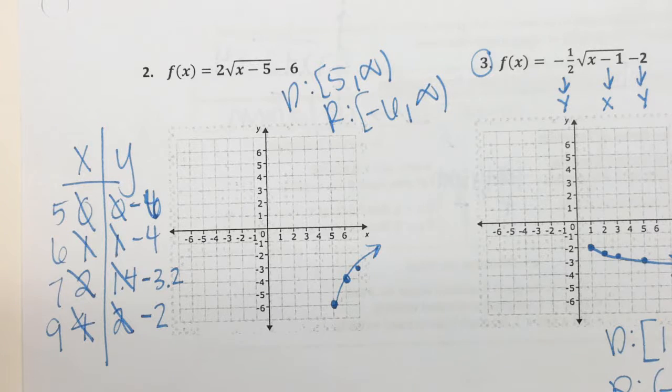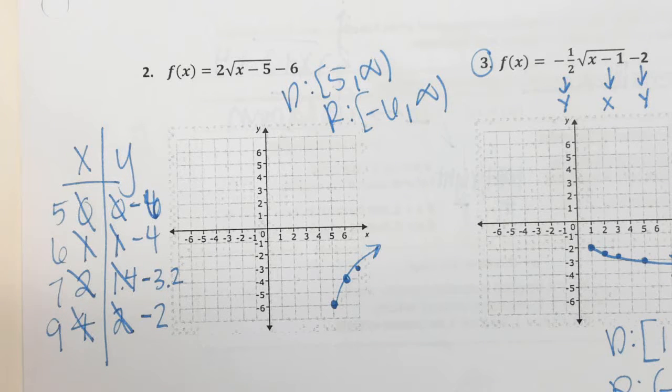Alright, what I want you to do is look at your domain and range for each one, and then look at the original function. Take time to look at all of them, and then I want to talk about a pattern that you see. So look at domain and range and your original function for all 4. Would you be able to tell the domain and range without the graph?